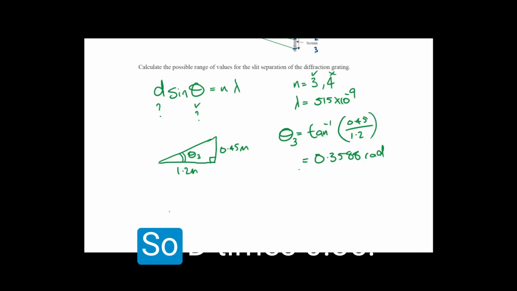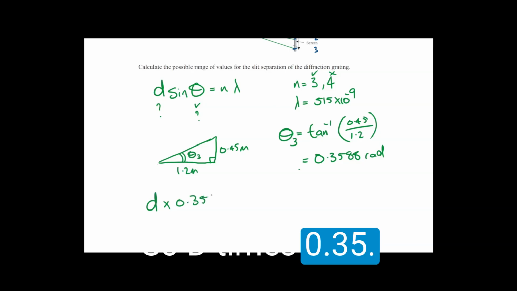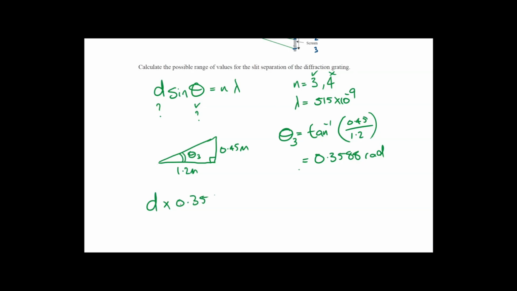Can't we? So D times 0.35, I'm jumping ahead of myself, it's going to be sine of that, isn't it?